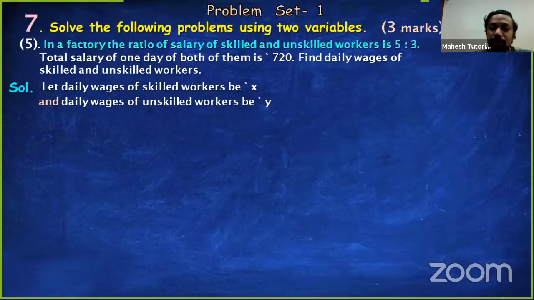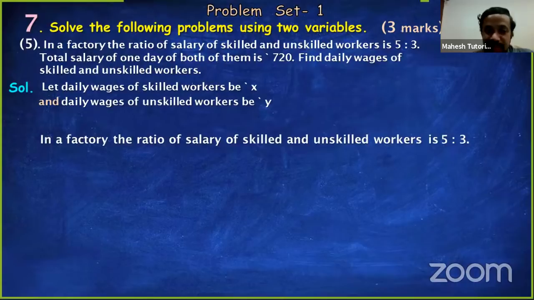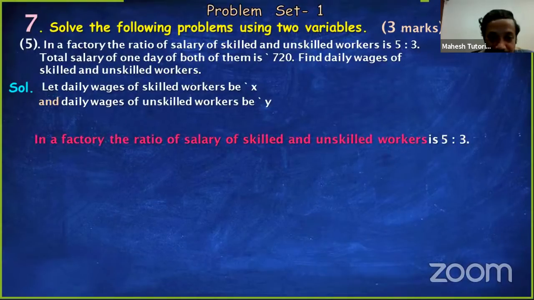Now let us proceed towards the first condition given to us in the question. Now the first condition says, in a factory, the ratio of salary of skilled and unskilled workers is 5 is to 3. Let us consider this condition part by part. The question says, in a factory, the ratio.